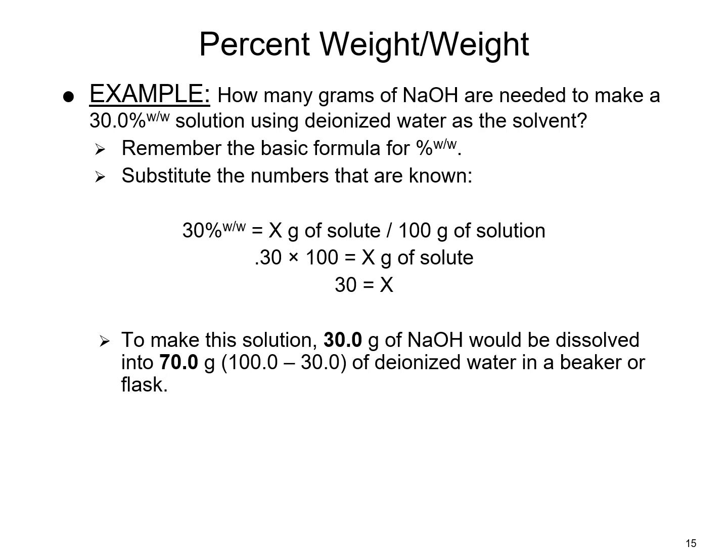We need to know how many grams of that sodium hydroxide we need per 100 grams of solution. We plug those numbers into the equation and do our algebra. To make this solution, we determined that 30 grams of sodium hydroxide would be dissolved in 70 grams. So we take that 100, subtract that 30, and that will give us how much we need to dissolve in that deionized water in that beaker or flask.